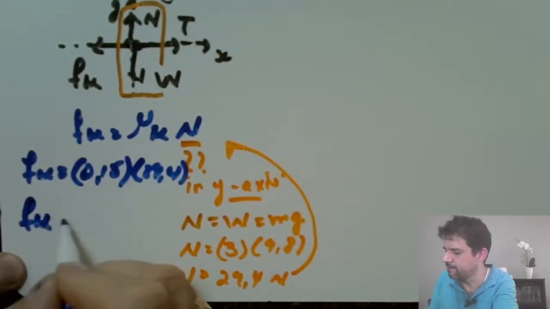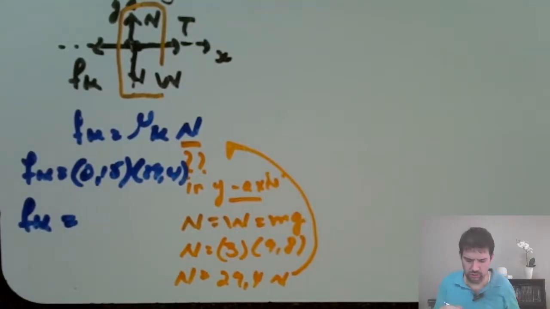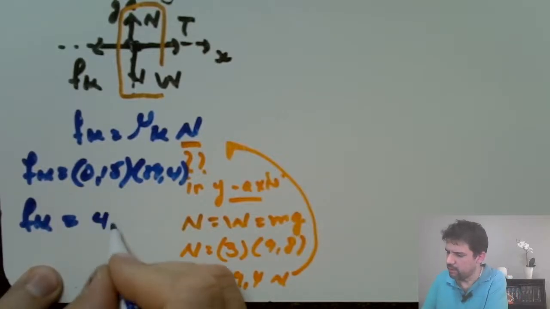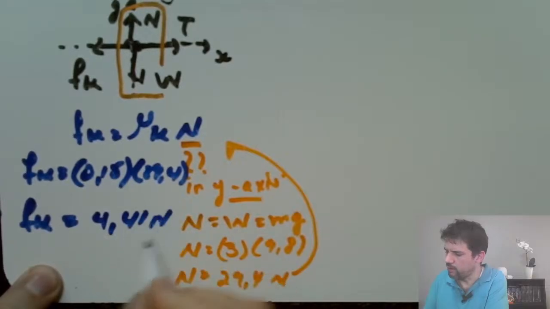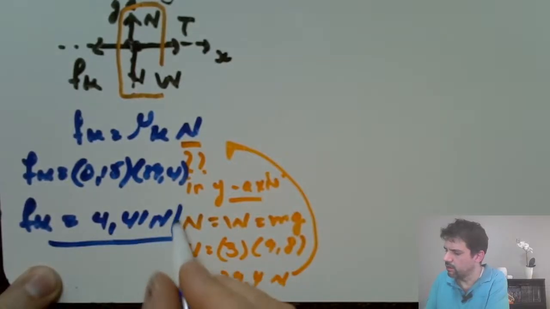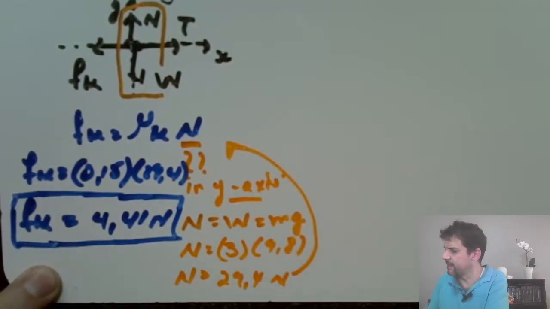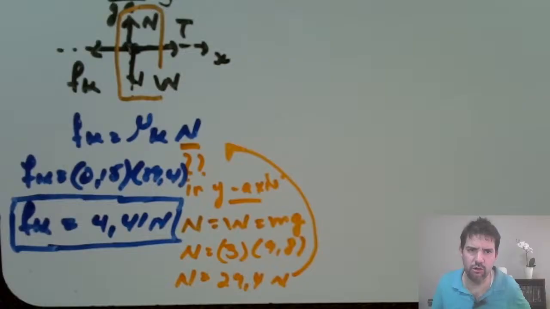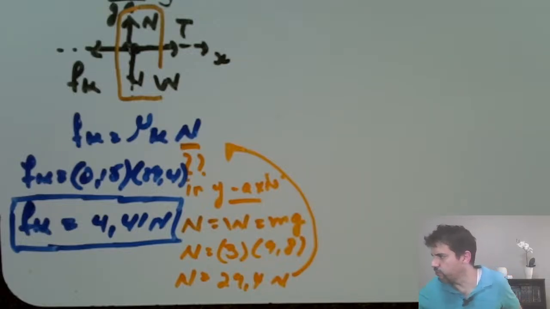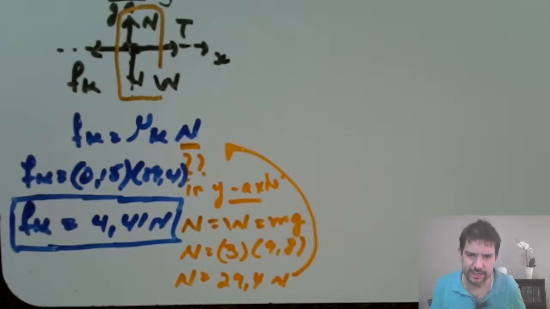So Fk is equal to, if you multiply this by 0.15, I get 4.41 Newton. This one is for the 3 kilogram block, the block at the back. I hope it's clear and you understand that calculation. If there is any question, you can always ask.